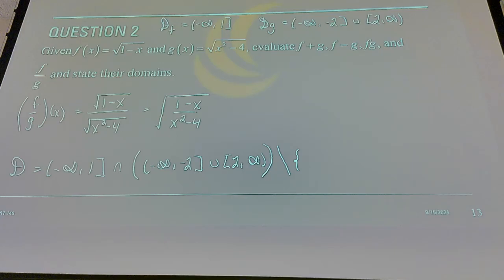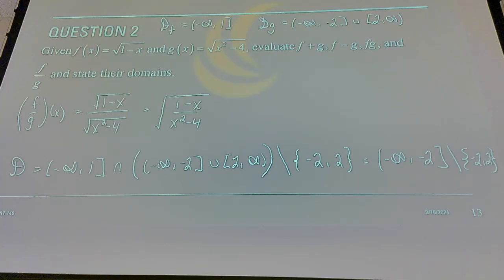List the actual values. I already said the intersection was that, right? So we take that interval and subtract from it the set -2, +2.